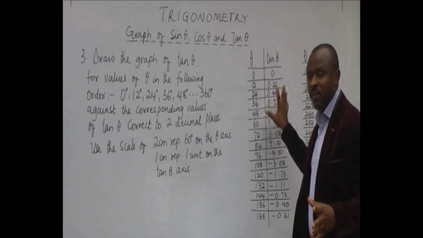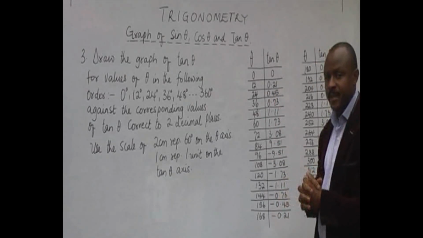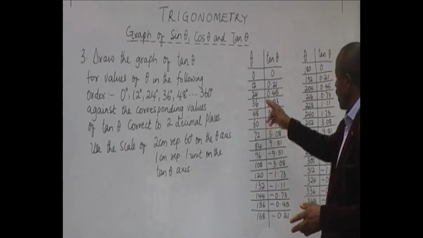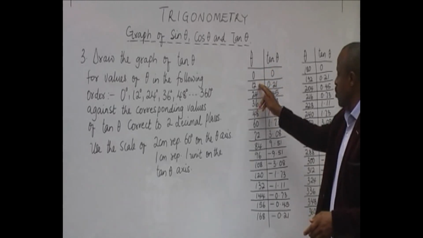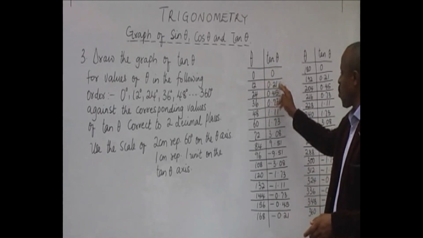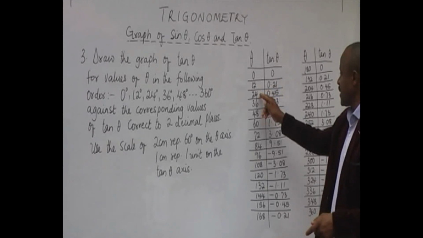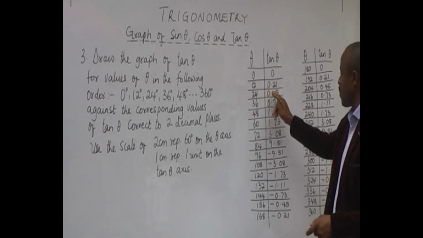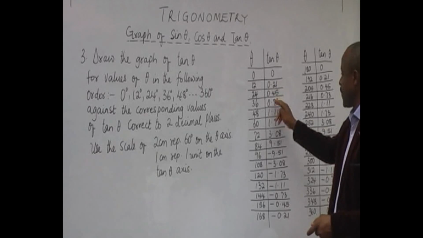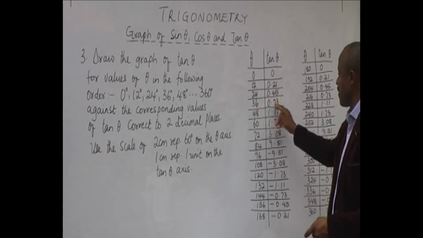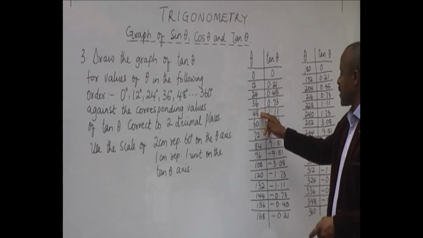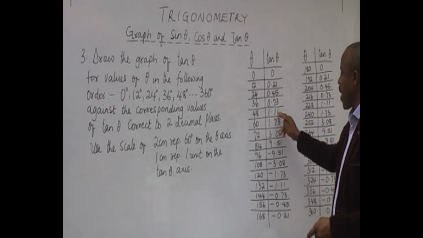Now this is the table of values completed. Theta 0, tan theta is 0. Theta 12, tan theta is 0.21. Theta is 24, tan theta is 0.45. Theta is 36 degrees, tan theta is 0.73. Theta is 48, tan theta is 1.11.